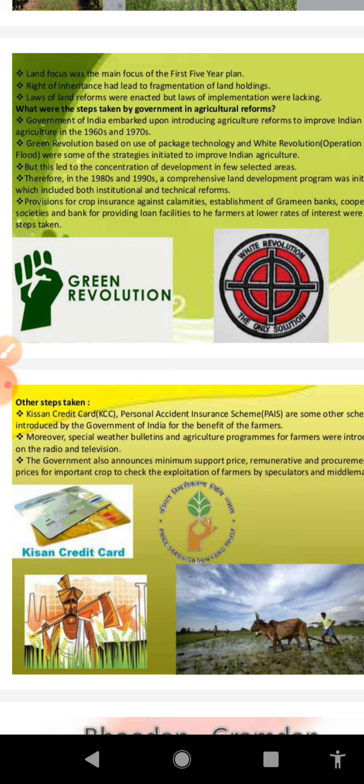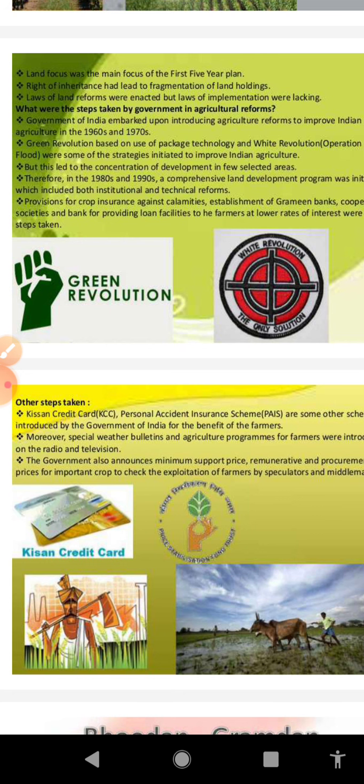After that, other agricultural inputs. Other agricultural inputs include fertilizers, manures, insecticides, and pesticides, which the farmers are using in their farms to increase agricultural produce.